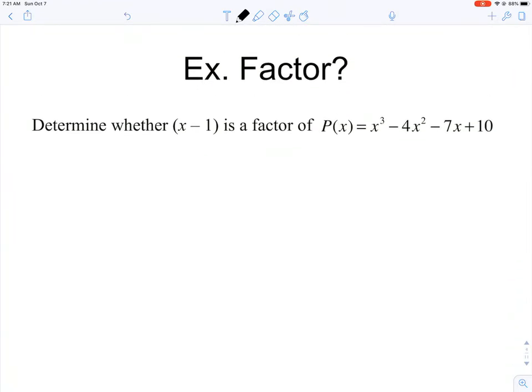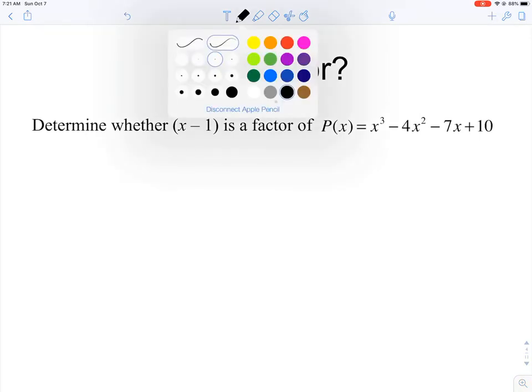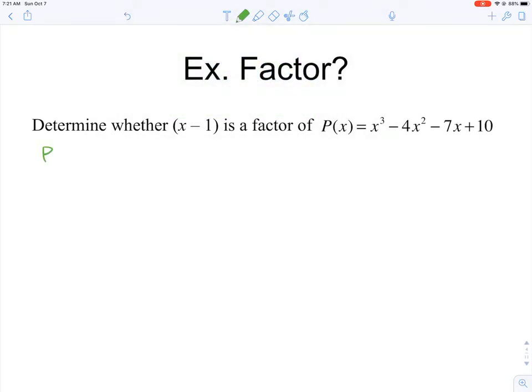Okay, so if we want to determine whether x minus a is a factor of this polynomial, by the factor theorem, we could evaluate p of x at 1. And we're looking to see if p of 1 is equal to 0, which would make 1 a 0.